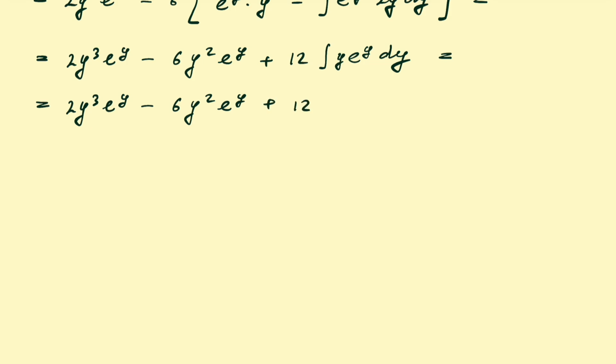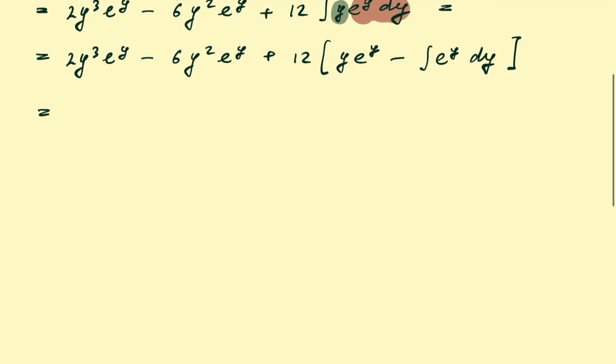Now, plus 12 times, again I'll use just a short form of integration by parts. I'll think in my head that it's the function we'll differentiate later on. It's the function we need to find an antiderivative of. So first we just rewrite our function. It's the antiderivative of the other one minus an integral of this antiderivative times the derivative of our initial function, which is 1. So I'll just write dy here.